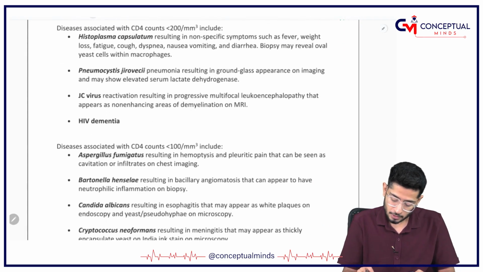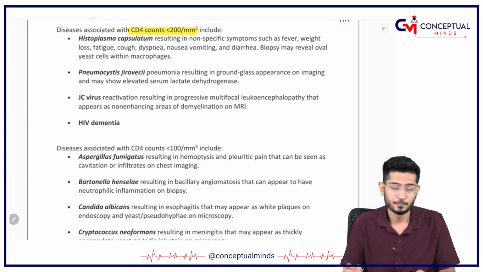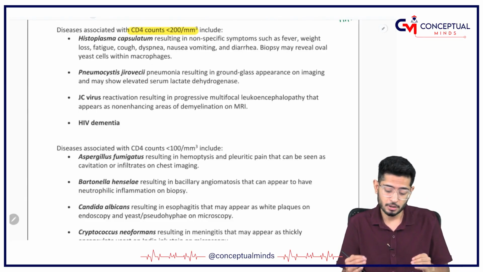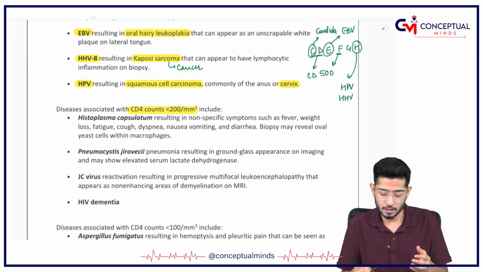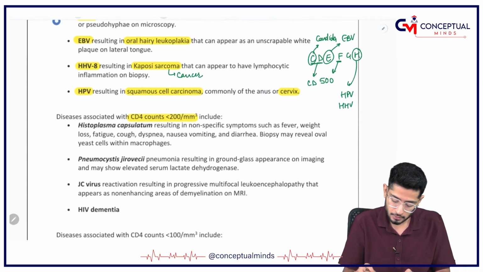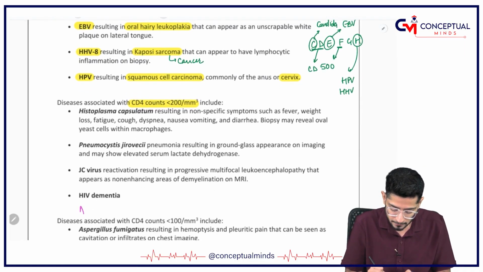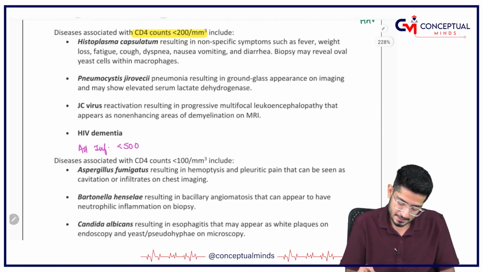So after that, coming to the next part, this is the CD4 count less than 200. If it is less than 200, now even more organisms. Obviously, if it is less than 200, all the infections seen below 500 are going to occur for sure. But what are the next things?